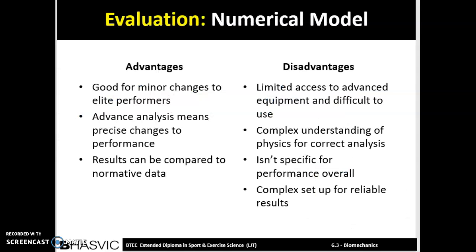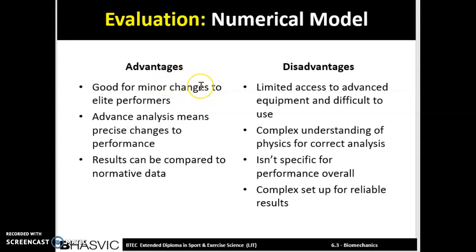So to finish off, evaluating the numerical model, there are advantages and disadvantages to this model. Some advantages being it's good for minor changes to elite performers. As they become elite performers and get better and better, it's likely that their technique and performance is of the highest level, but it only needs micro changes, minor and slight changes to their technique or performance, to then be able to further improve.